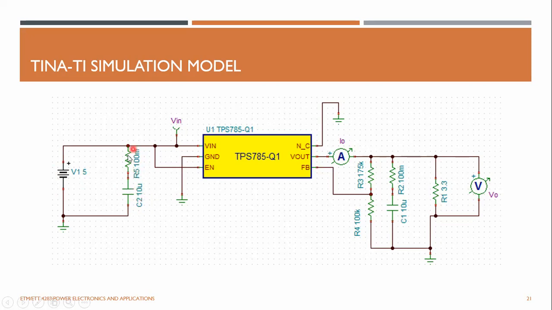I have used 10 microfarad with 100 milliohm ESR. For the input capacitor, the ESR doesn't matter. For the output capacitor, I have selected 10 microfarad with 100 milliohm ESR. This is how I have connected my feedback resistors. To get 1 amp of current, I have put a 3.3 ohm resistor. And I have connected test probes at Vin, Vout, and Iout.